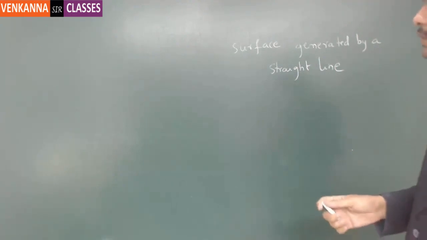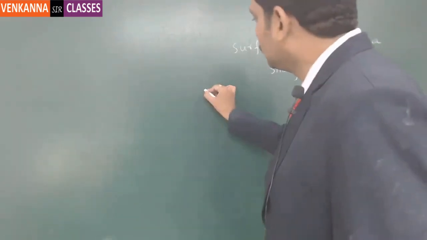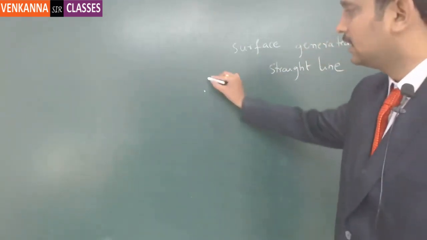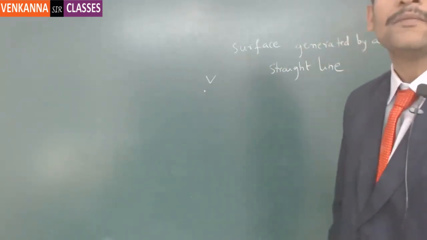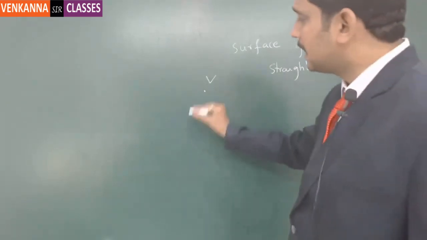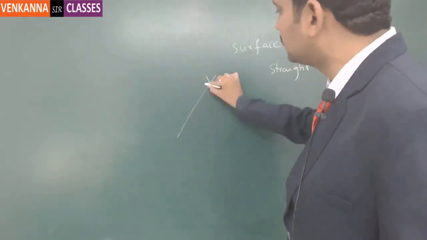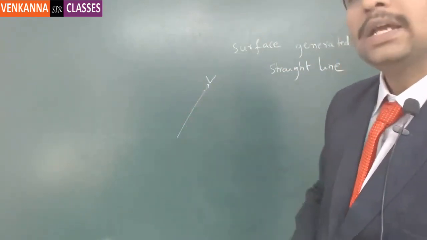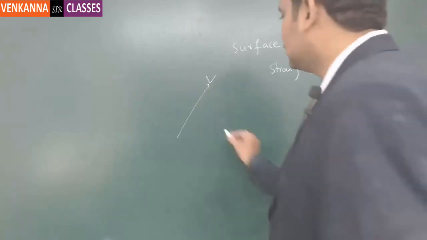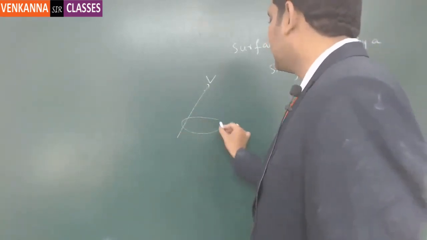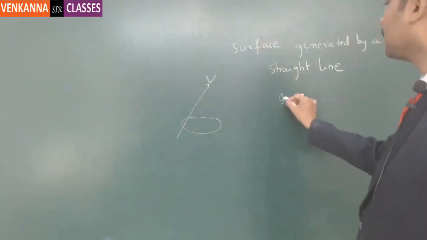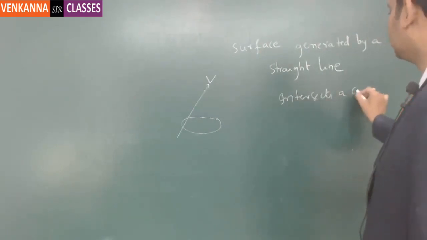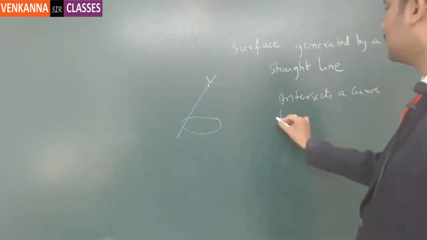In a simple way, you take a fixed point V in the space and you consider a straight line passing through it. Another property of this straight line is that it touches a given curve, or you can say it intersects a curve or touches.